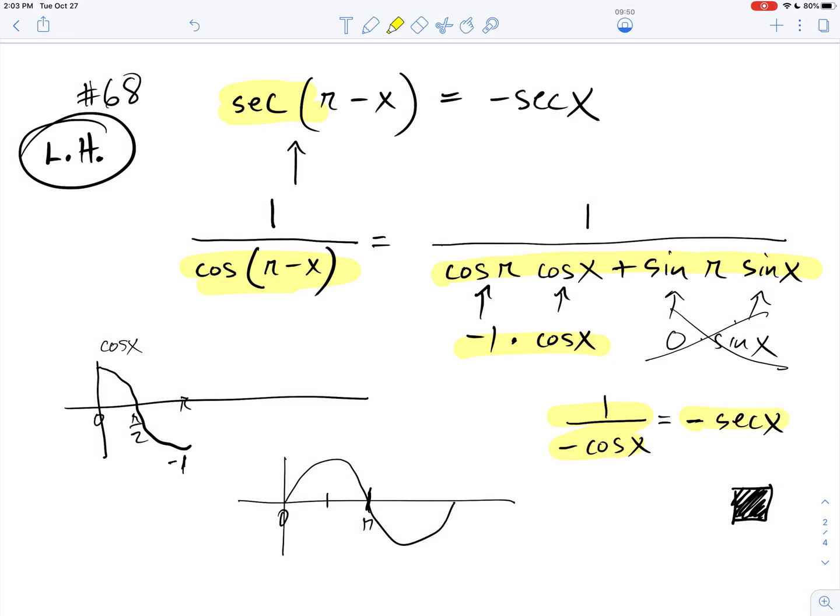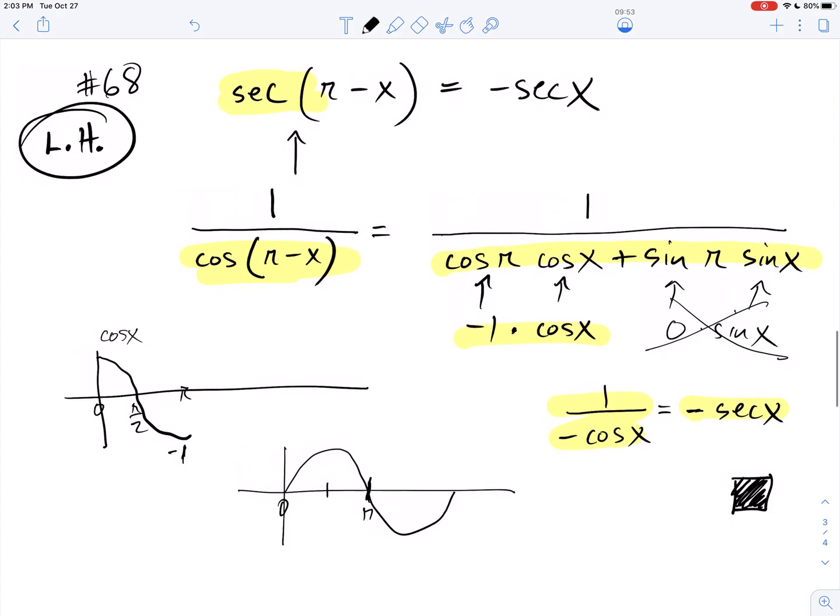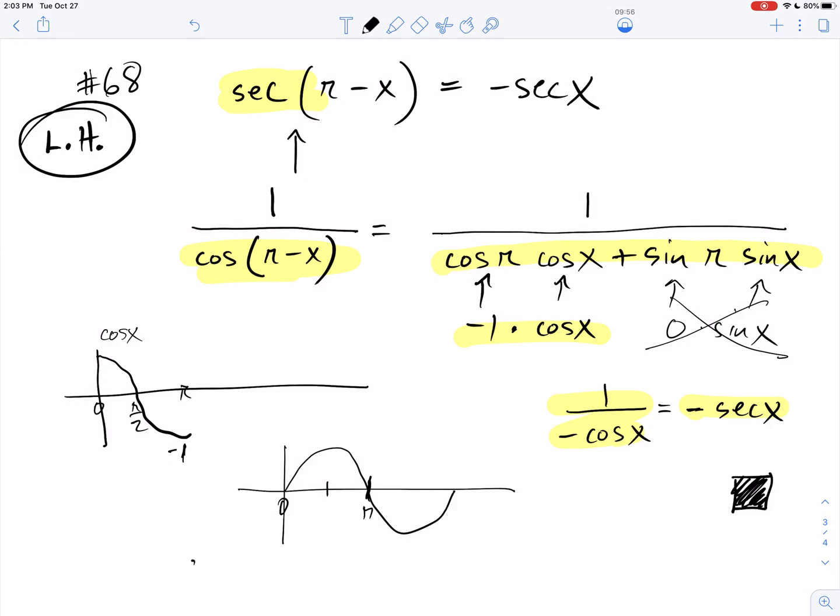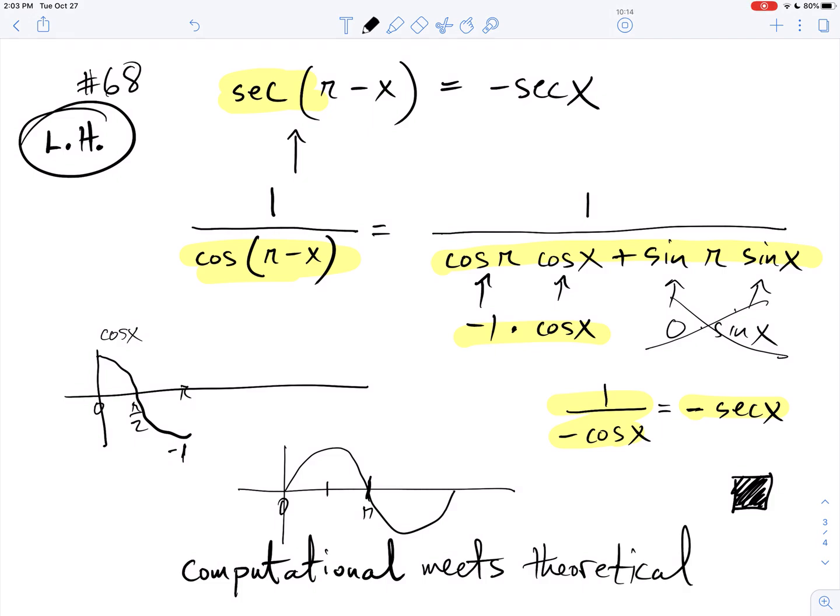So when we start going into these types of identities, these are what I call computational meets theoretical. This is when we use, hey, I know there's a formula.